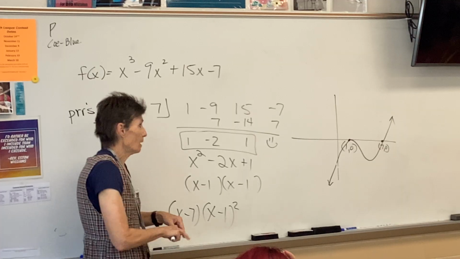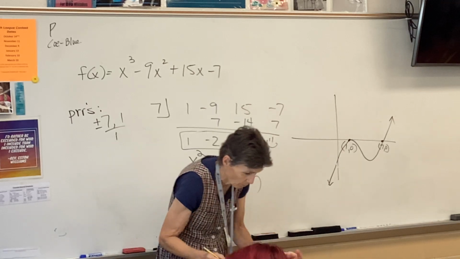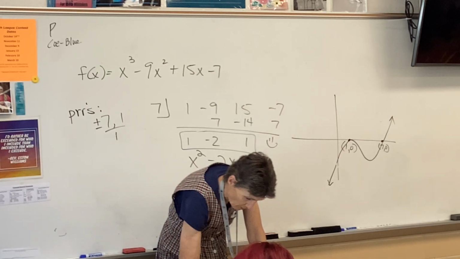Okay? All right, I'm gonna make one up here real quick, and I want a volunteer to come up and do it at the board. You should have a little bit of room there to do it, maybe.